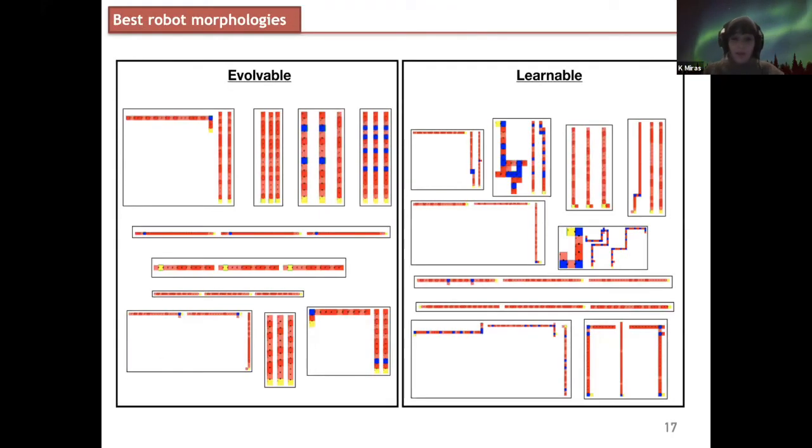So here we have some, not really drawings, like representations of how these robots look. And we see that they're pretty much similar. They're pretty much snakes, so they're straight, or sometimes they make an L shape, but they have in general just one big limb.